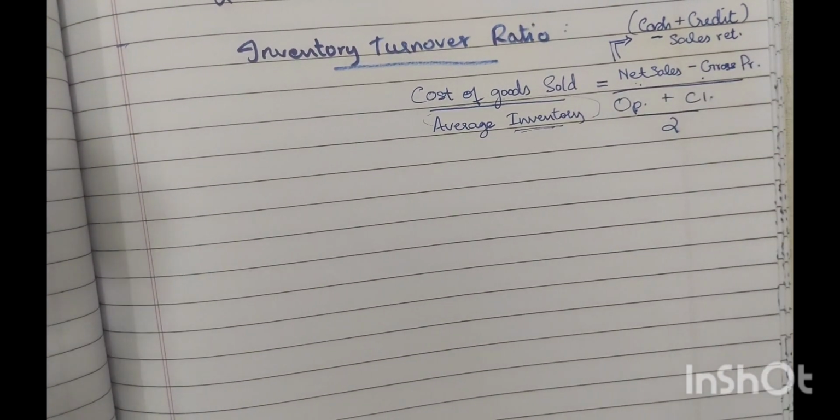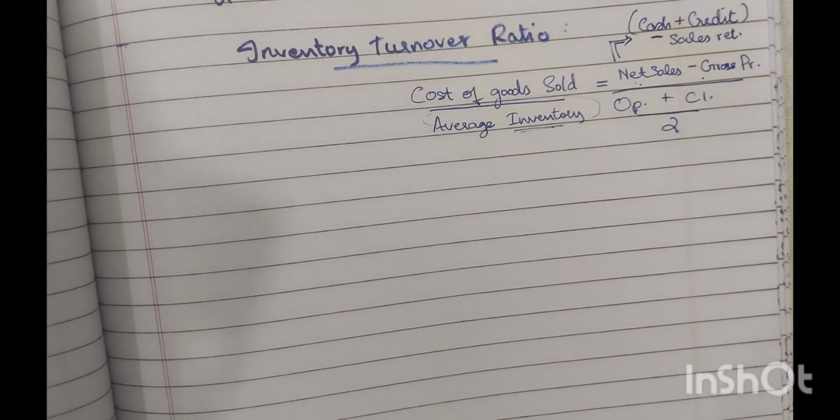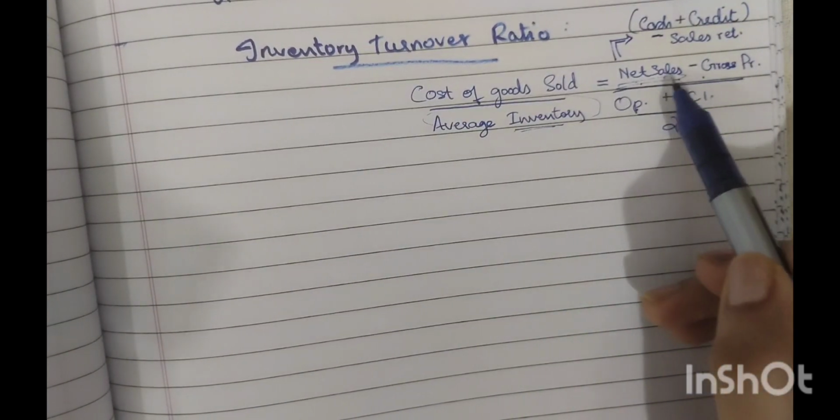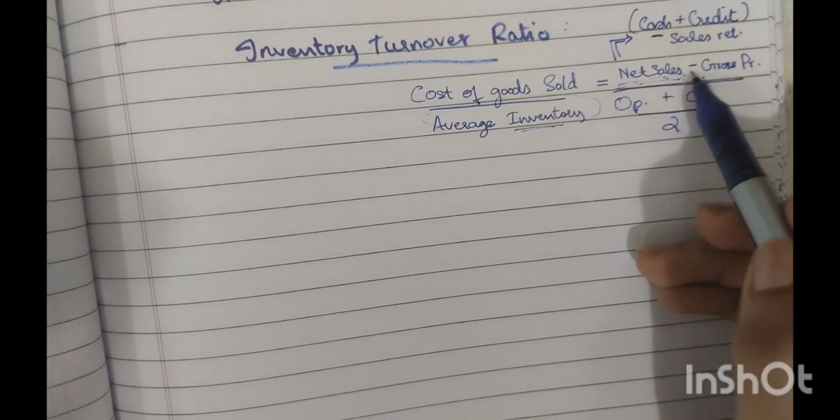So even while doing the questions, we've got to be sure that they've given us the net sales value and not just sales. Because if there's a sales value and if there's a sales return, then we know that sales alone won't be equal to net sales. We have to subtract sales return to get our net sales, and it's very important to ensure that this is a net sales amount minus our gross profit.